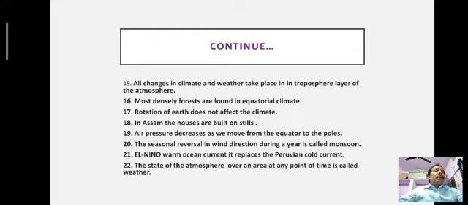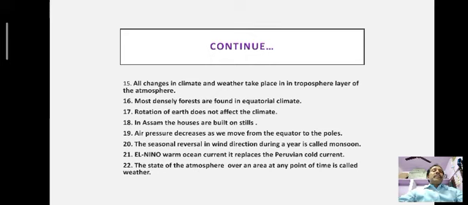Next, air pressure always decreases as we move from the equator to the poles. As we know, the equator is a place where the temperature is hot, and the poles are the place where we find the coldest regions, and that's why air pressure always decreases as we move from the equator to the poles.